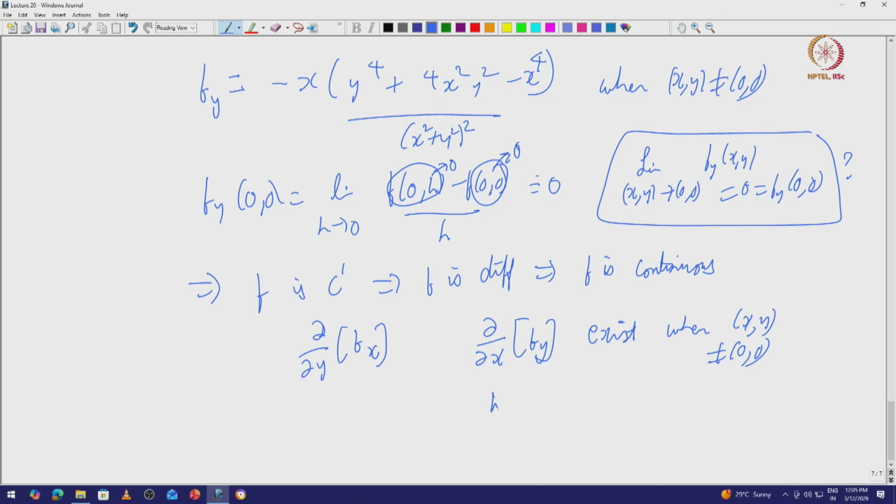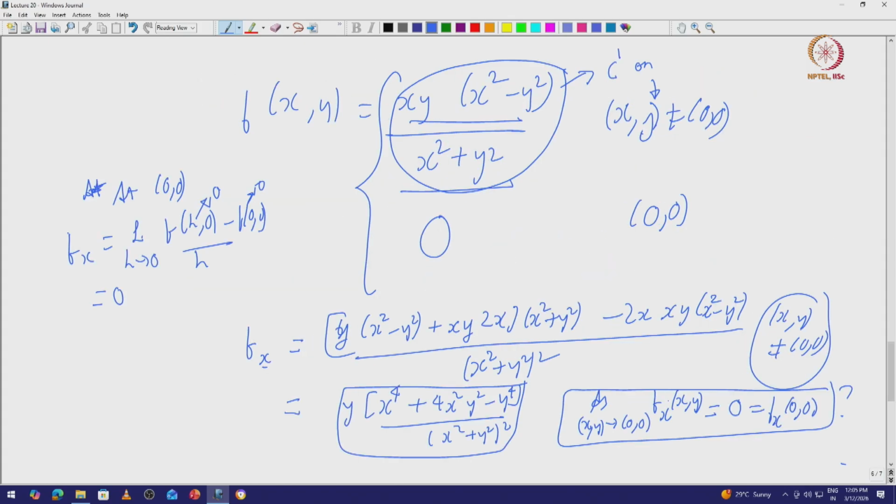What if (x, y) is (0, 0)? Let's see what will happen. So, if you want to compute the derivative of this with respect to y, d by dy of fx at (0, 0) would be what?